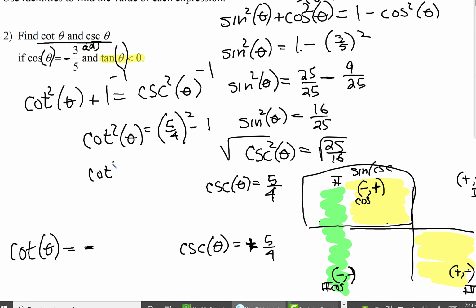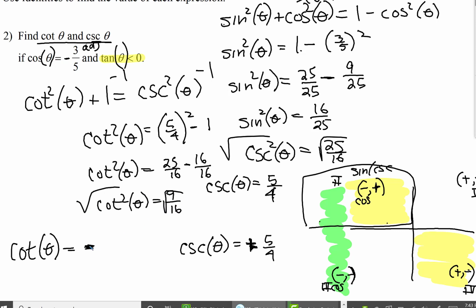So cotangent squared theta, well, 5 squared is 25, 4 squared is 16, so we're going to subtract 16 over 16. So cotangent squared theta is 9 over 16. So when we take the square root, we take the negative version.